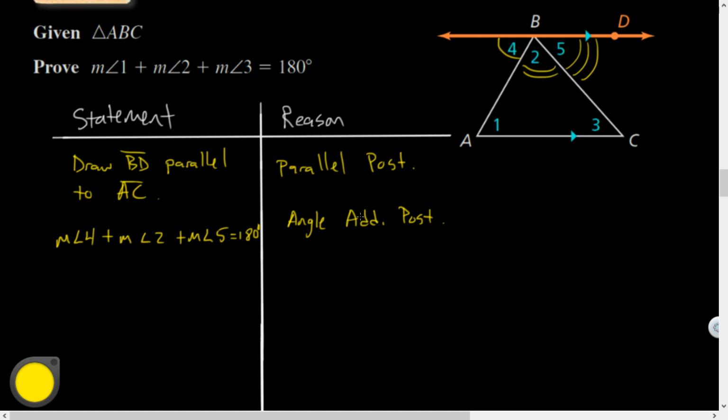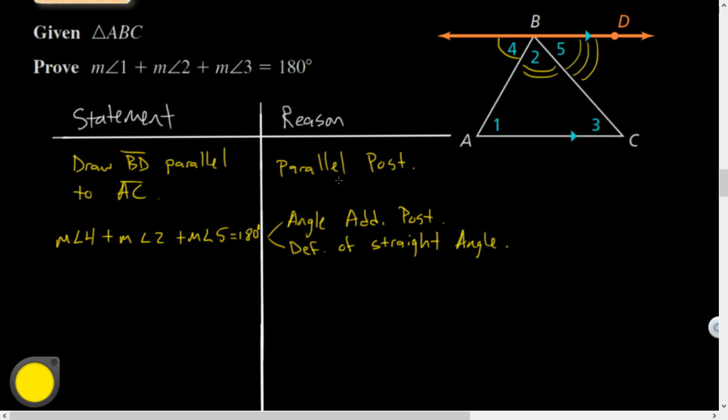That's what we're trying to prove. So I can't reference the thing I'm trying to prove in its own proof. And then the other reason that that's true is definition of a straight angle. That one does not show up often. Okay, so both of those feed into that being true.